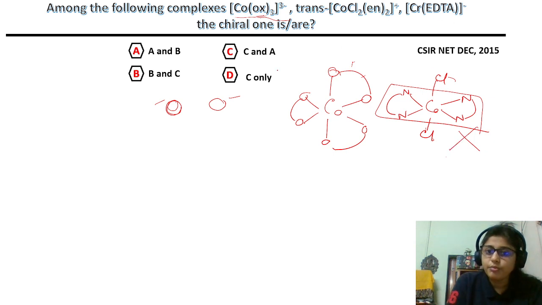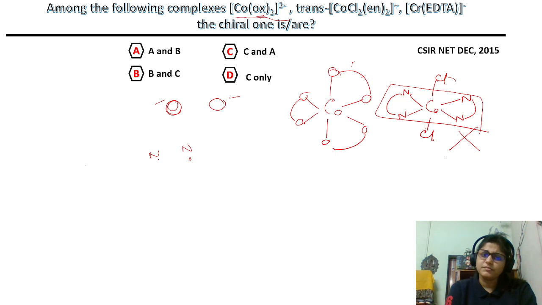Here, chromium EDTA. EDTA will obviously be chiral because EDTA is a hexadentate ligand. It has 4 acetic acid groups and 2 nitrogen centers. In the octahedral complex, it has 6 coordination sites.